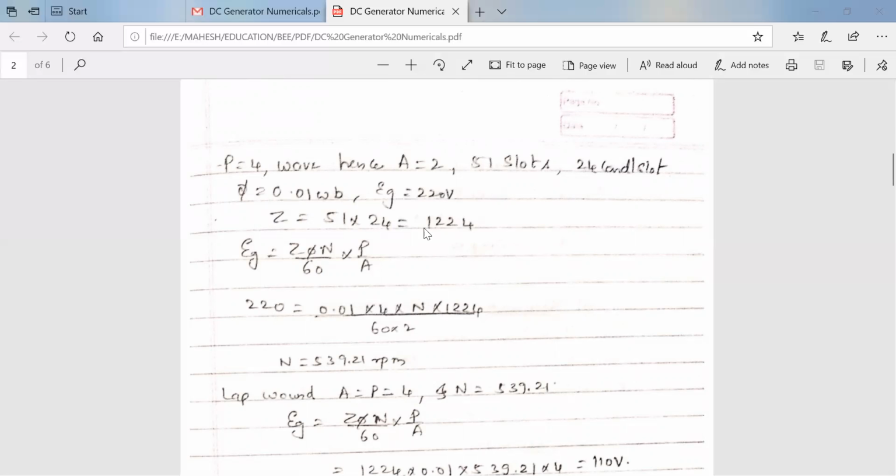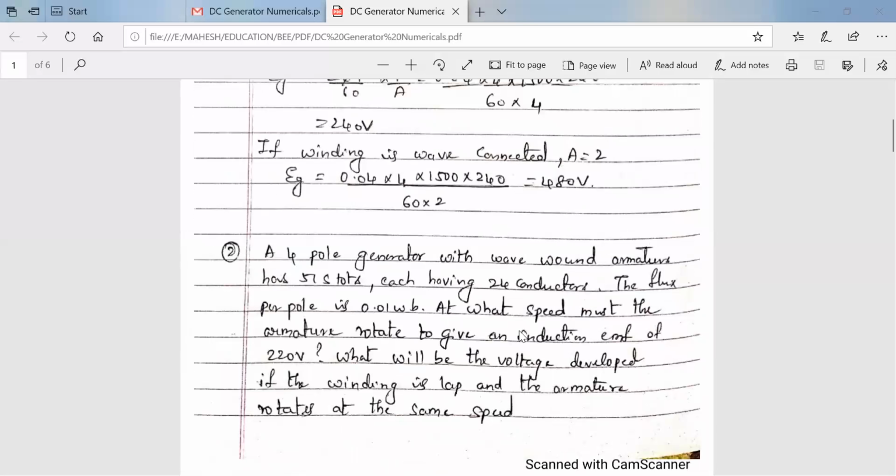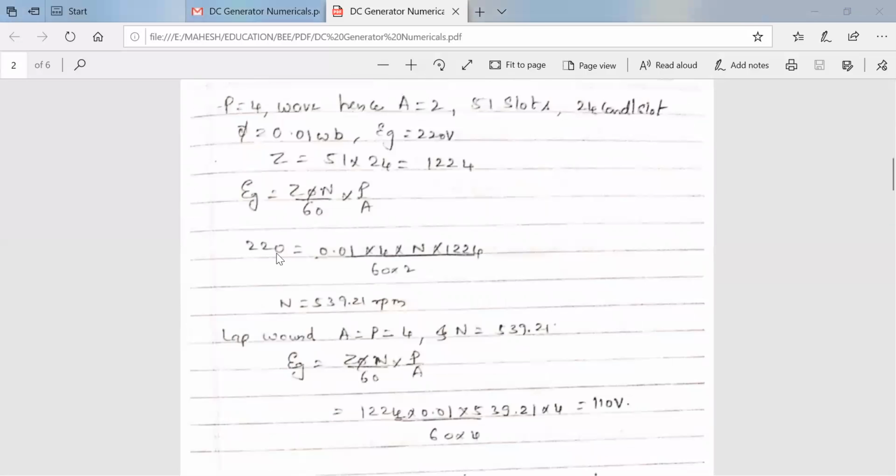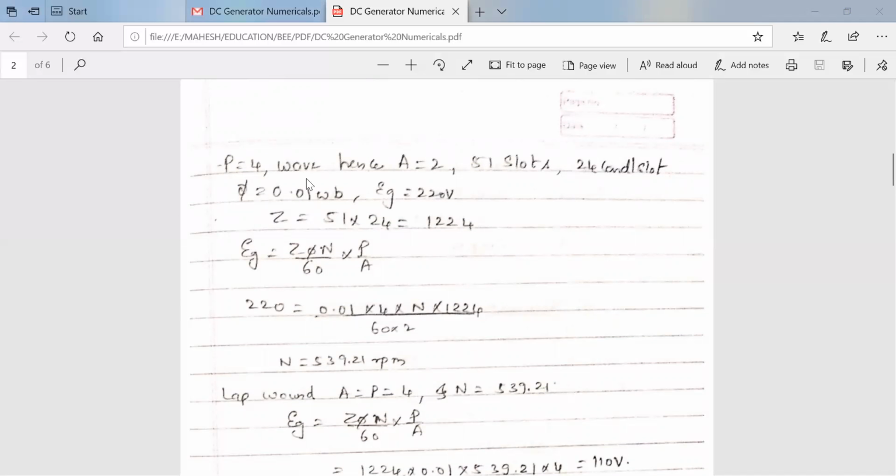So here he has mentioned to calculate the speed. So we'll use the same EMF equation, that is E equals Z phi N divided by 60 into P by A. As it is wave connected, A equals 2.